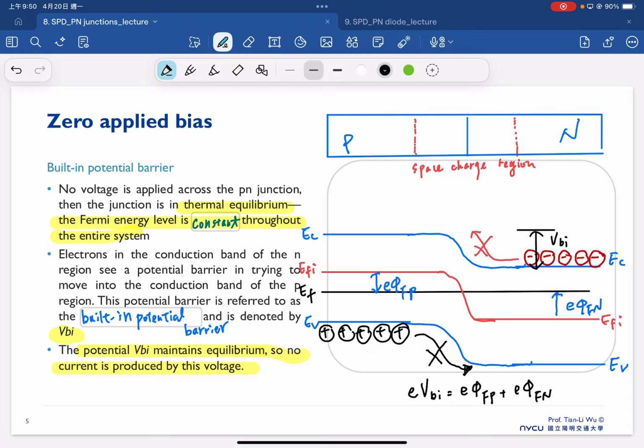Right, so that's the built-in potential between the P and N, which can be estimated from the difference between the intrinsic Fermi energy and the Fermi level in the P region and also in the N region.